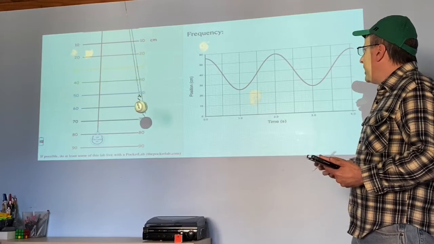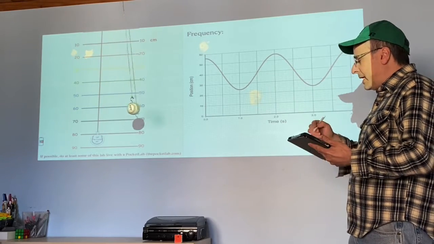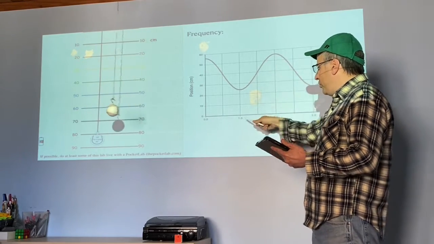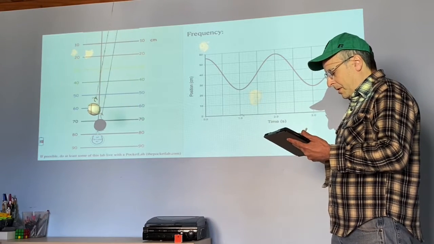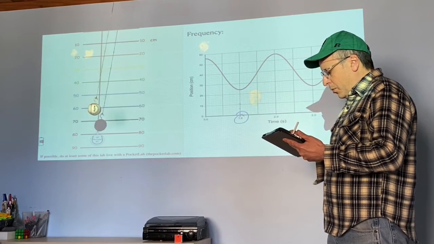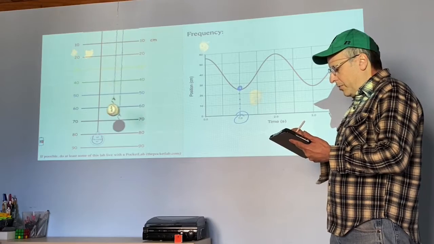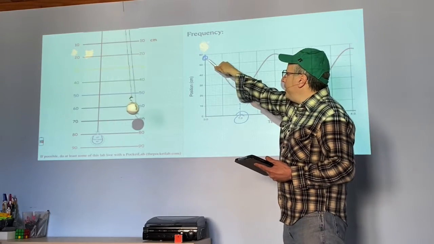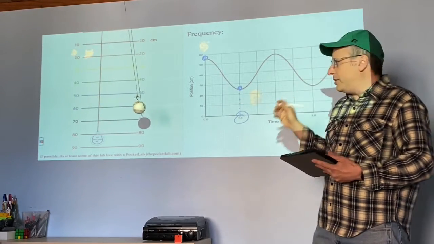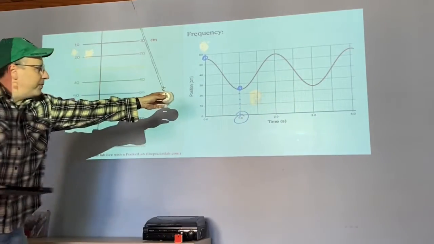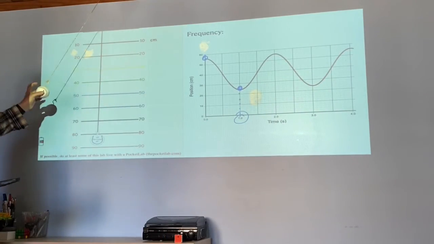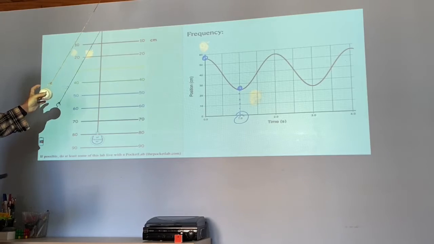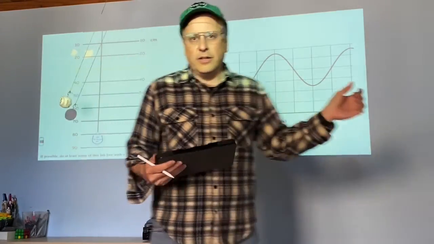Okay, the way that we would get frequency for this one is instead of counting an oscillation, you go 1 second. We look at where we are, we look at where we started, and hopefully you can see we did half of a cycle. We swung from the farthest point to the closest point to the pocket lab. That was half of a cycle.